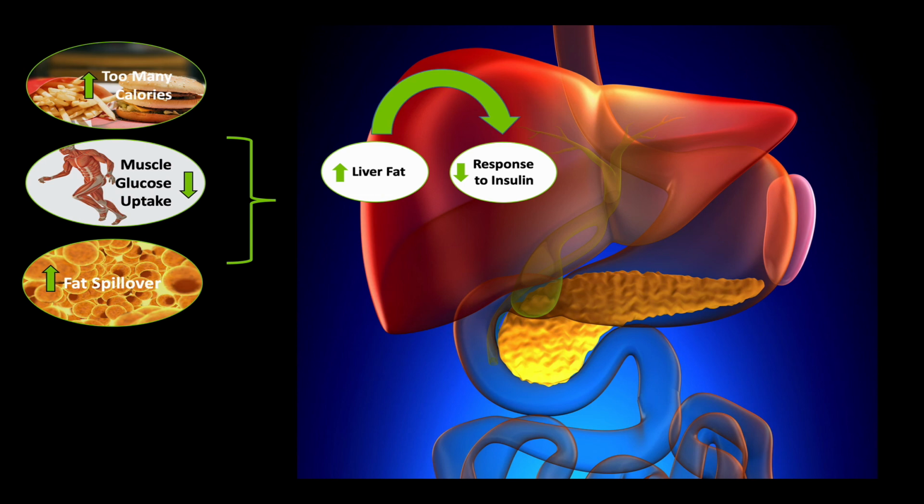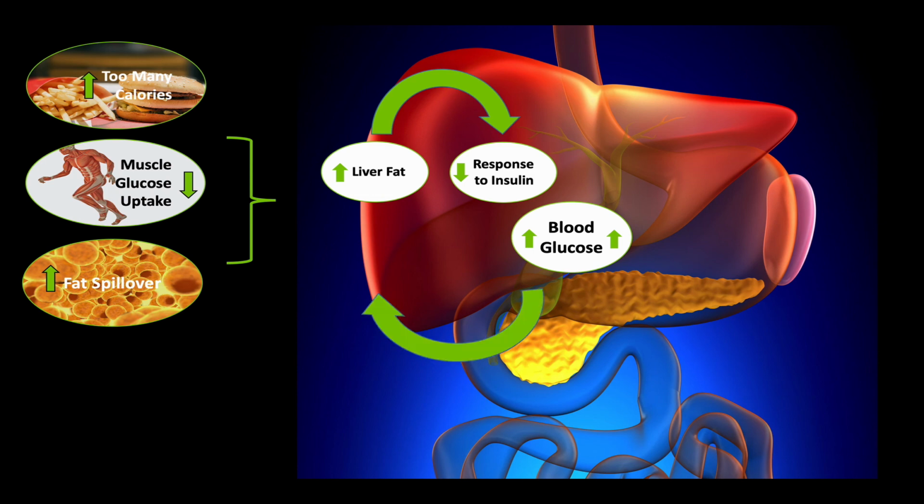Remember, when we're not eating, our liver is producing a steady state of blood sugar under control of the pancreas via insulin. If the liver is not responding as well to insulin, we start to see blood glucose go up a little bit, and the pancreas has to respond by increasing the amount of insulin. So with insulin resistance, we start to see higher and higher levels of insulin.